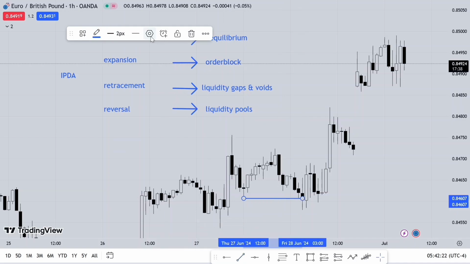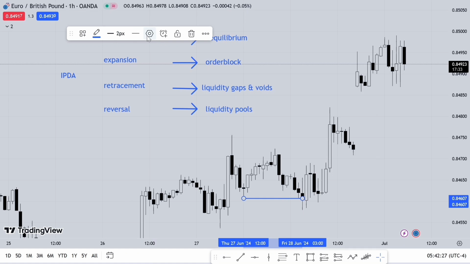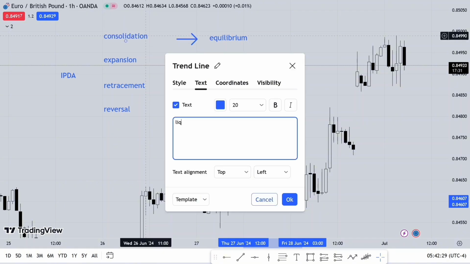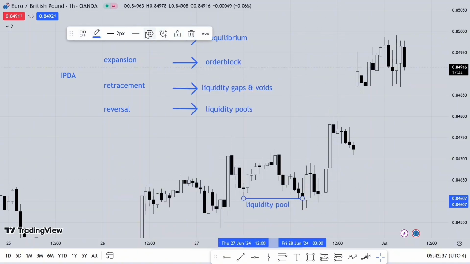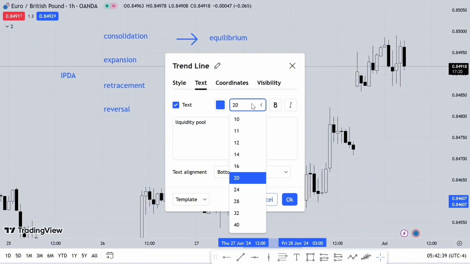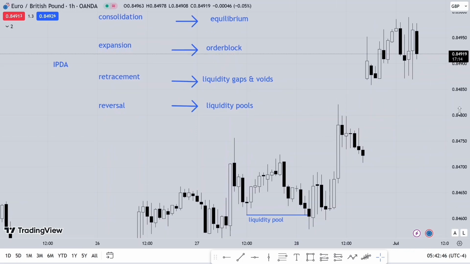This is a liquidity pool being purged on the sell side. This is a liquidity pool being purged.